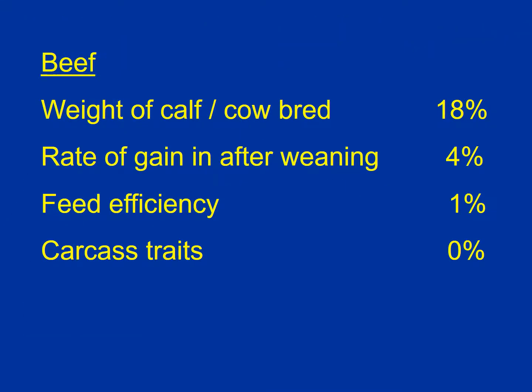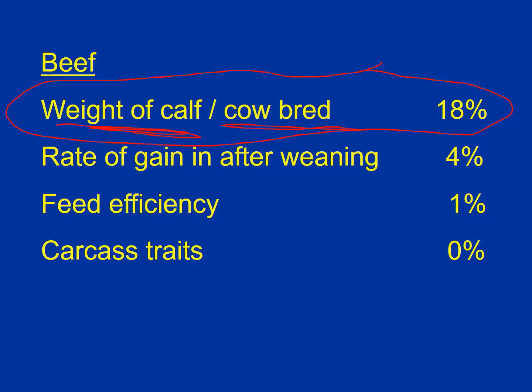Okay, when you just look at beef cattle, and as I say, there have been a lot of studies done over the years. And again, just like in pigs, we see most of the advantage in the fertility and maybe survivability of the young. So this is weight of calf weaned per cow bred. So there's going to be heterosis for fertility of the cow.